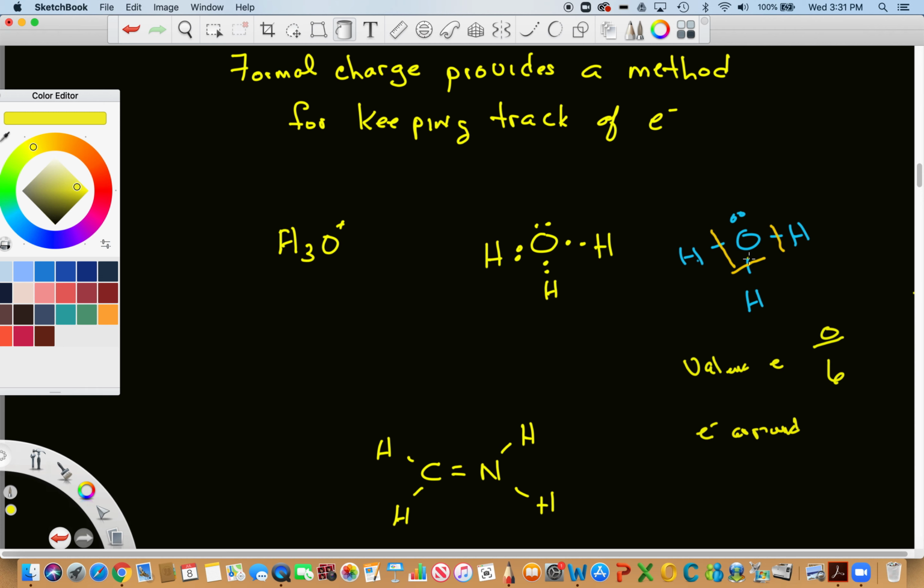We count: 1, 2, 3, 4, 5. 5 electrons. Then we just subtract, and it's plus 1. So remember in Chem 1 and Chem 2, you wrote hydronium ion and it has a positive charge. And this is why.